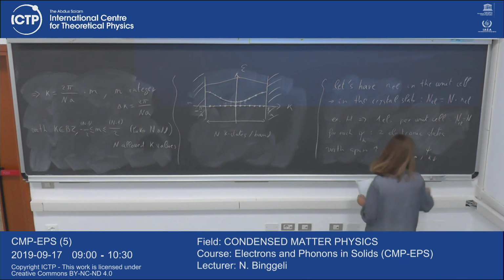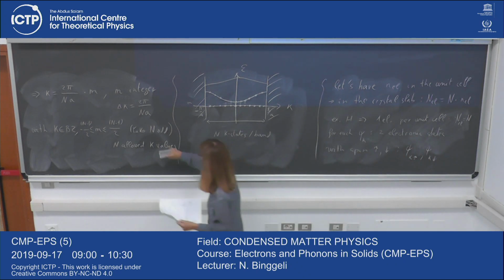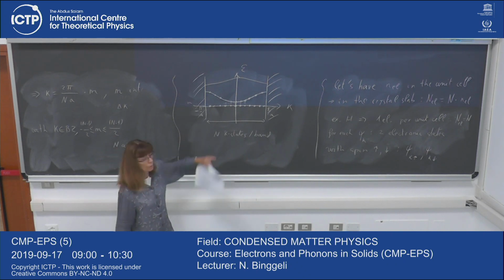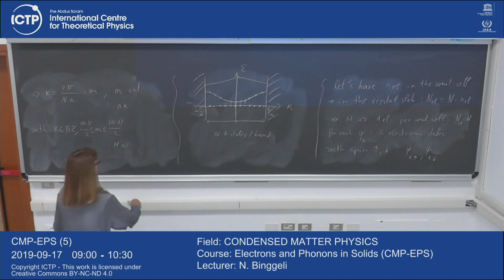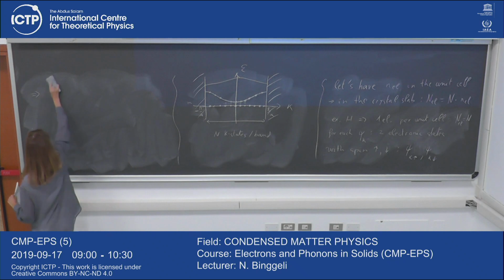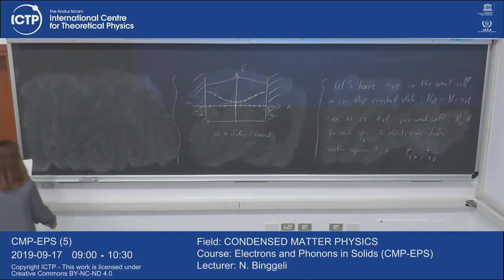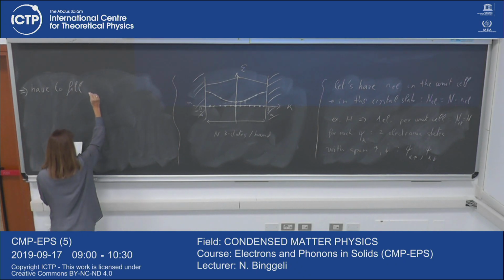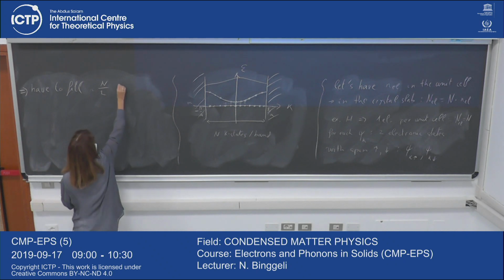So I have to fill exactly n over 2 of these states, given the number of electrons I have in my piece of crystal. So I have to fill n over 2 k states.